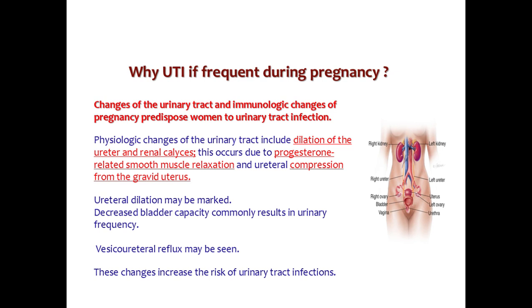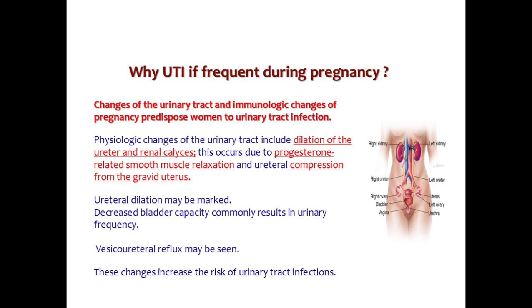Sometimes we find ureteral dilatation. You must know that there is a decrease in bladder capacity, which usually causes urinary frequency that may be a defensive mechanism against urinary tract infection.